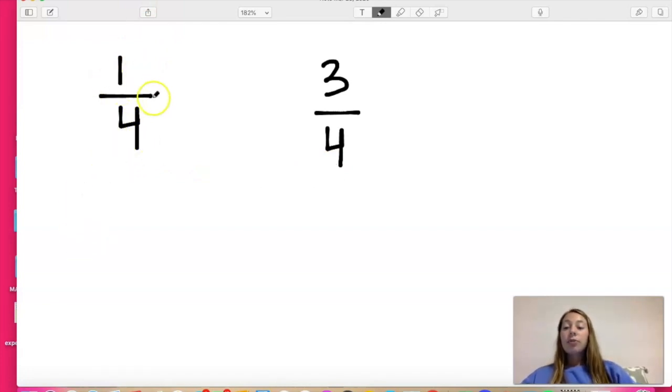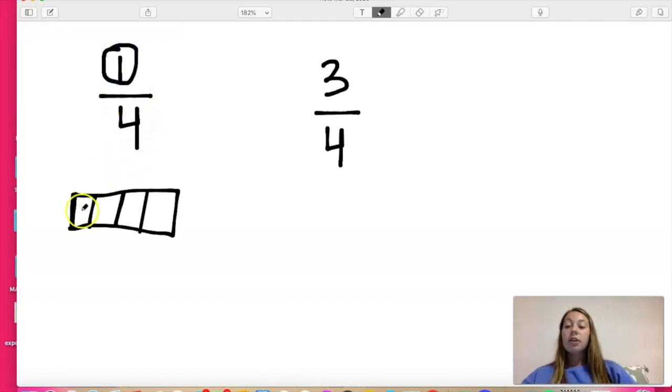So we know if we were to draw this, the whole is 4 parts. Sorry, they are not totally even. So there's 4 parts for the whole, and only 1 is shaded in. So 1/4 is represented here in the diagram.